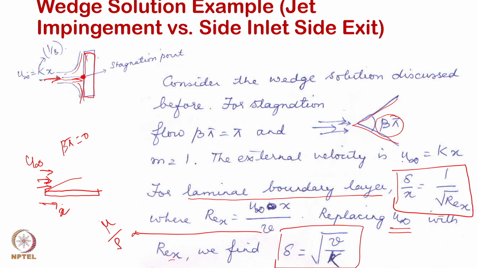What we are going to do is supply u infinity, very similar to the previous discussion, as some kind of capital K times x as velocity, where K has units of 1 by s, and x is the local coordinate. So, we can replace delta, and delta becomes this expression, which is the square root of kinematic viscosity divided by K, this fellow.